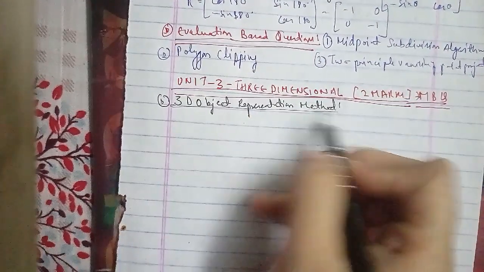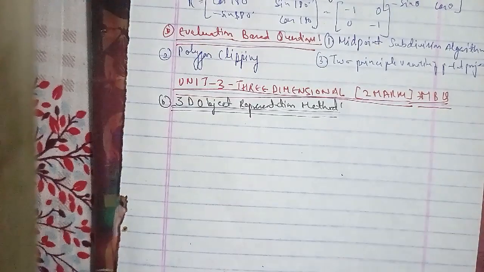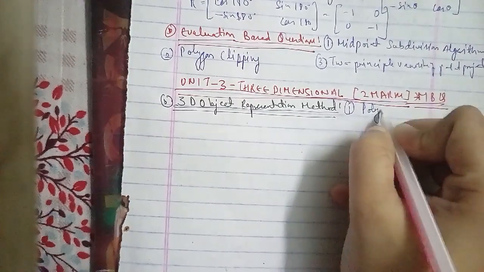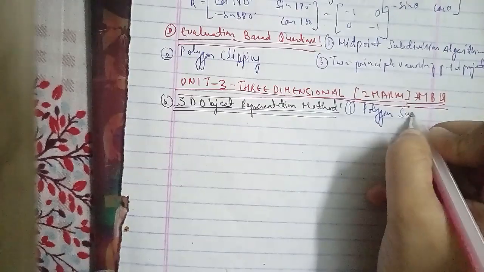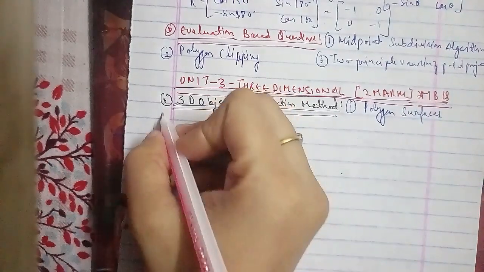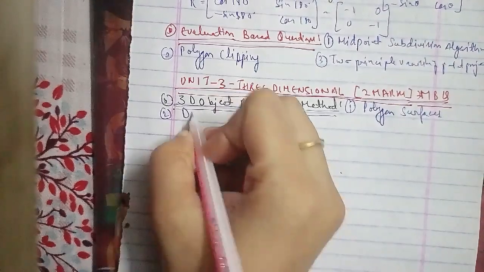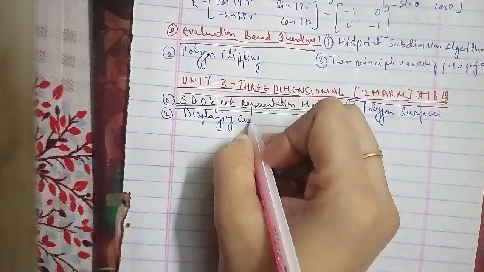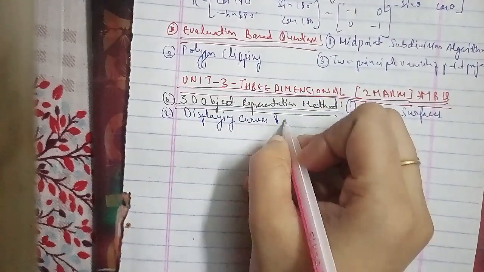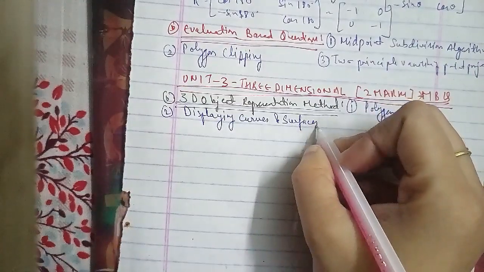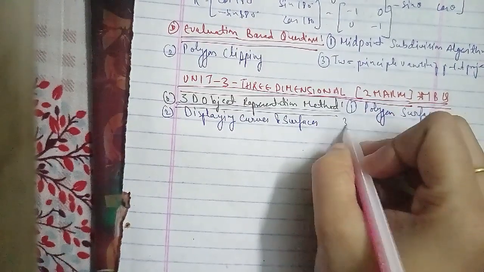The 3D object representation methods that we have are as follows. The first is polygon surface. The second is displaying curves and surfaces. The third is the sweep representation.